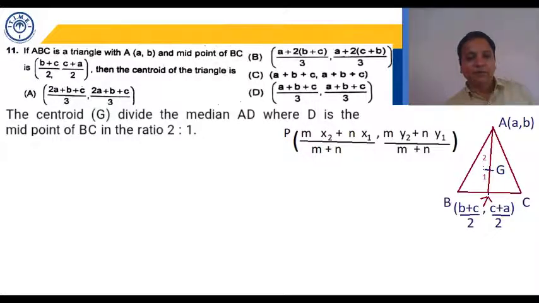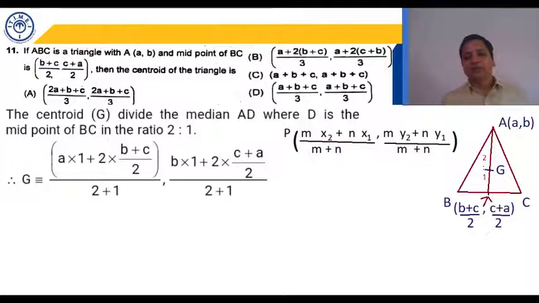Now one side is (a, b), we know, the other side is (b plus c) by 2 and (c plus a) by 2, and the ratio is 2:1. So for the x coordinate it's 1 into a plus 2 into (b plus c) by 2, upon the sum of the ratio, 2 plus 1. The 2 and by 2 cancel out. For the y coordinate we apply 1 into b plus 2 into (c plus a) by 2 upon 2 plus 1.